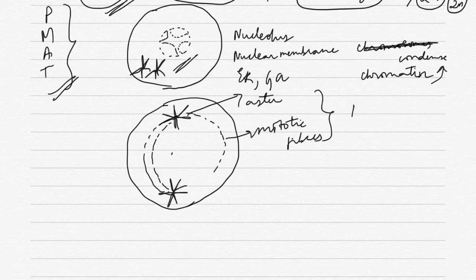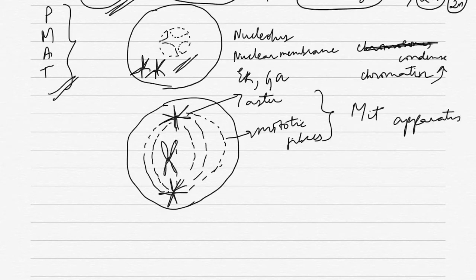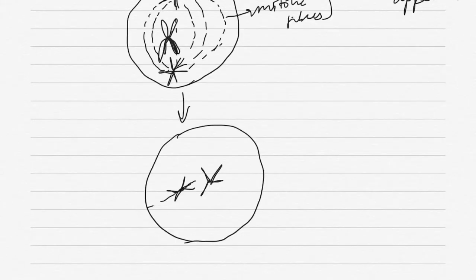Both of these together are called mitotic apparatus. We have chromosomes here. I am just drawing one chromosome. Whatever I am drawing is the equatorial plane. Here the chromosomes lie, and then exactly at the centromere position the chromosome is going to split.